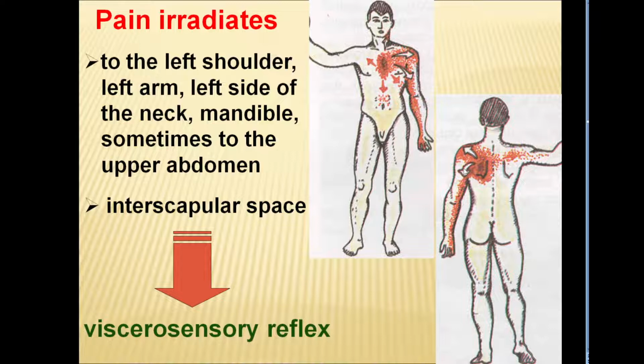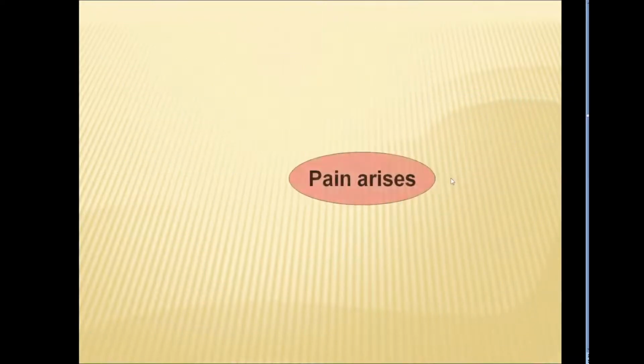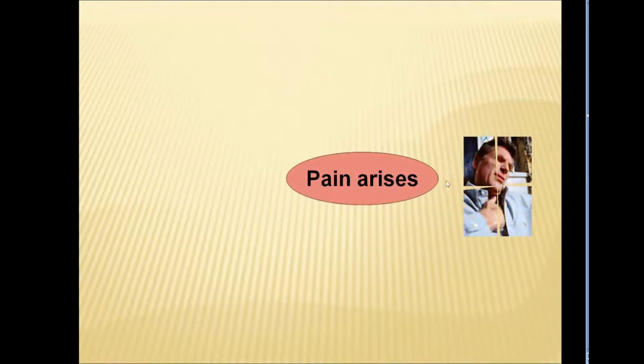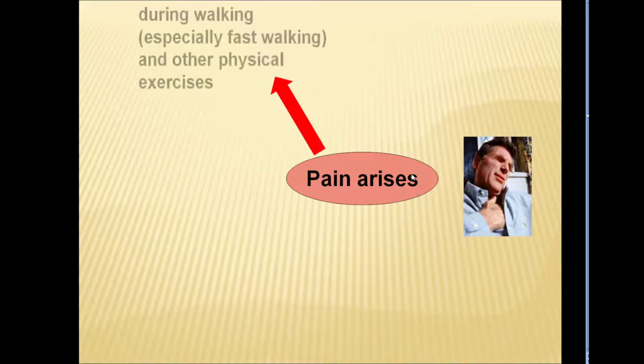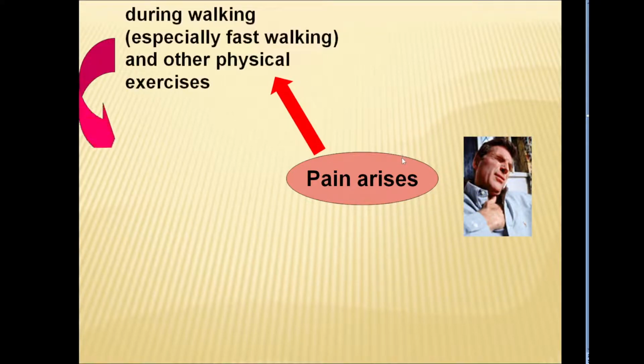We said about its characteristic, pressing, heaviness, pain, which appears usually after physical or emotional overexcitation, especially after fast walking or intensive physical activity. We are talking about angina pectoris of effort.